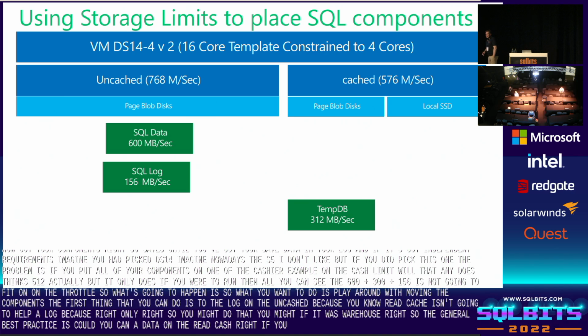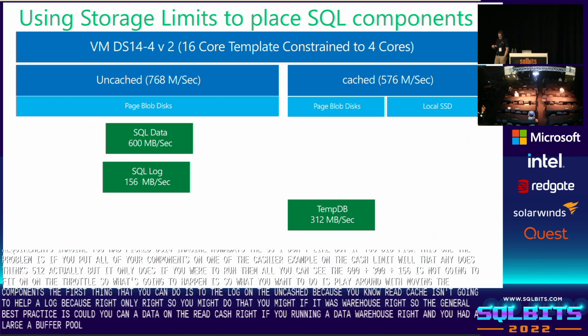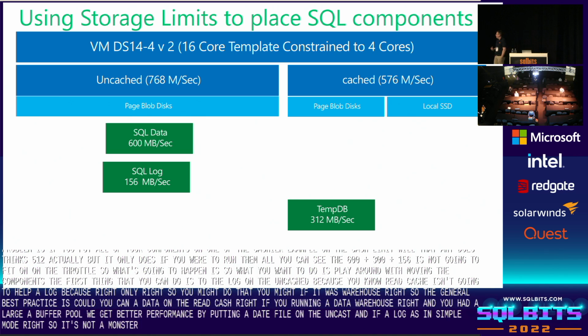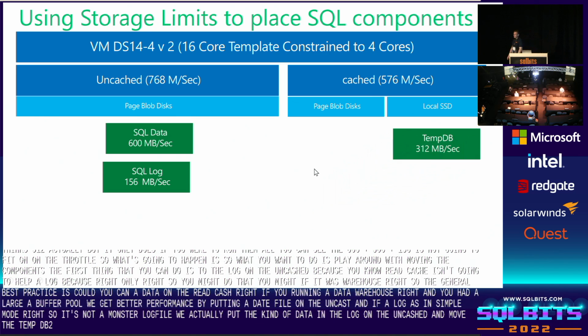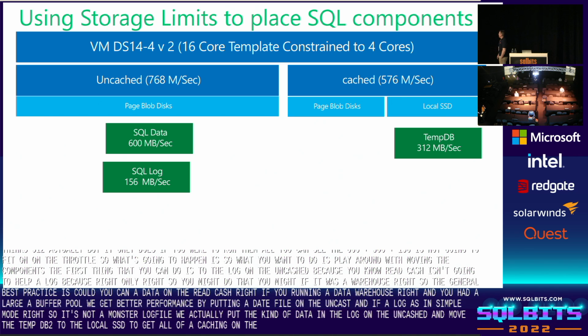But if you were running a data warehouse, and you had a buffer pool, we get better performance by putting our data file on the uncached. And if our log is in simple mode, so it's not a monster log file, we actually put the data and the log on the uncached and move the temp DB to the local SSD to get all of the caching on the temp DB.